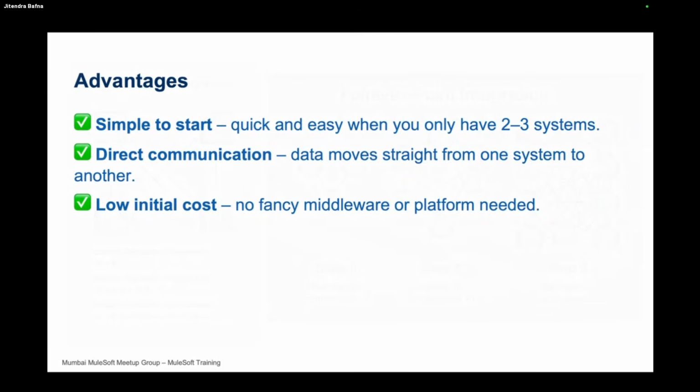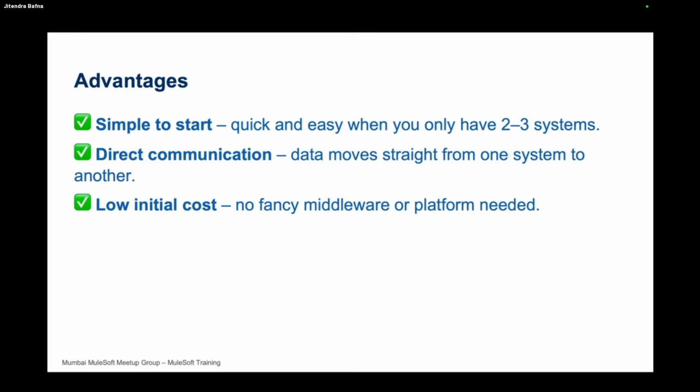Advantage: if you have a few systems, one or two or three that need to connect, it is good to have point-to-point integration because it becomes cheaper, right? For a small network of two or three systems, you can definitely go with point-to-point integration. One advantage of this architecture is direct communication between systems, right? You don't have to go through any middleware, so it reduces latency.